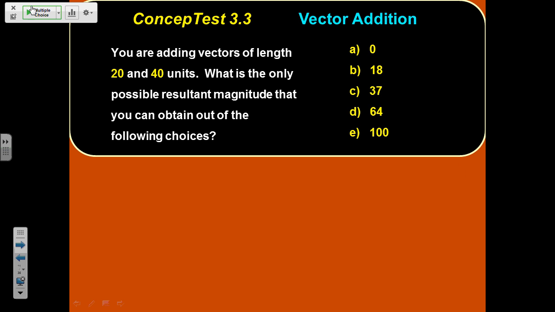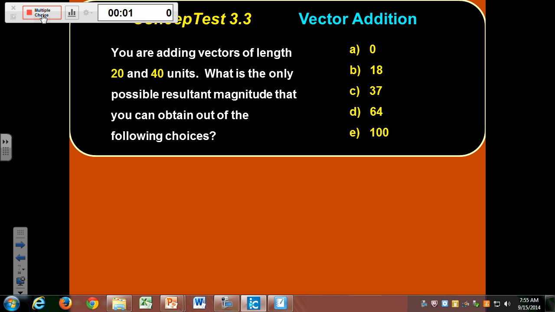If you're adding vectors of length 20 and 40 units, what's the only possible resultant magnitude? We had a question similar to this early in this chapter, last time I think.